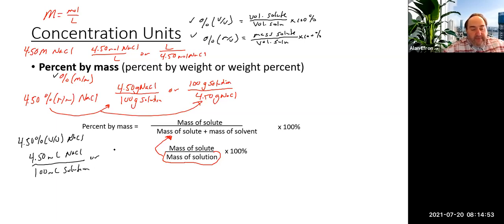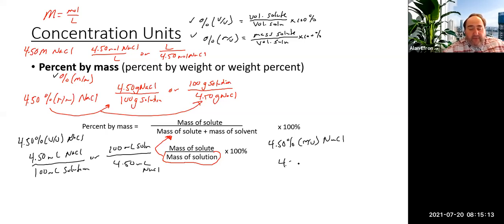Or you can flip it around: in 100 milliliters of solution, you have 4.5 milliliters of sodium chloride. And same thing if you had 4.5% mass to volume of sodium chloride, that would mean you had 4.5 grams of sodium chloride in 100 milliliters of solution, or in 100 milliliters of solution, you had 4.5 grams of sodium chloride.